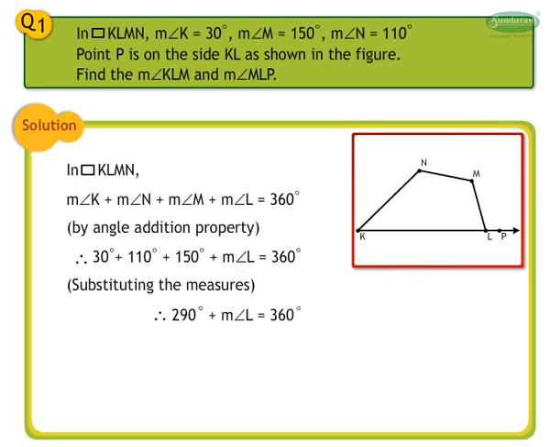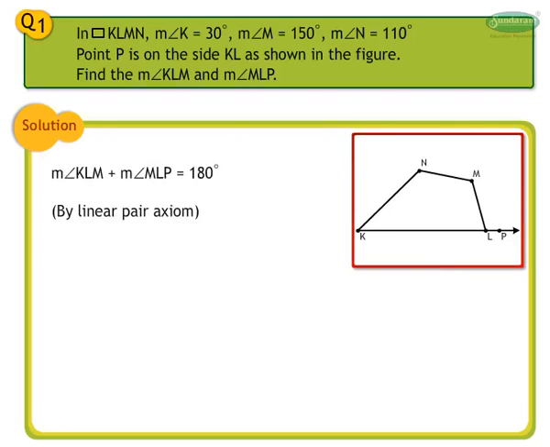Therefore, 290 degrees plus measure of angle L is equal to 360 degrees. Therefore, measure of angle L is equal to 360 degrees minus 290 degrees, which is 70 degrees. Therefore, measure of angle KLM is equal to 70 degrees.